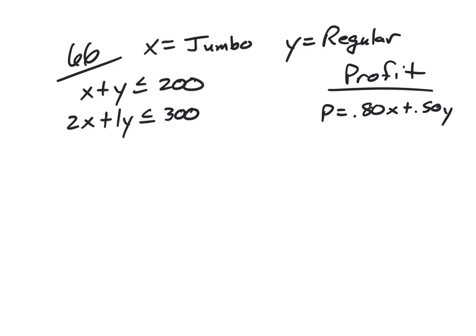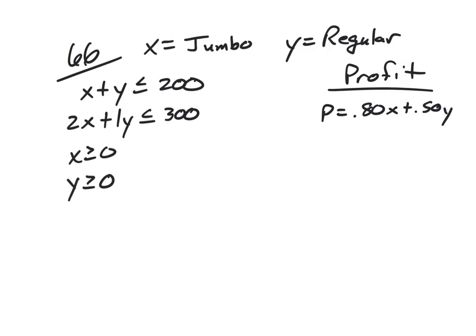Okay, and then the last two inequalities, they don't give us any other restrictions, but we can't make a negative number of biscuits, right? And so probably wouldn't be a bad idea to go ahead and identify these two as part of our group of inequalities as well. The lowest number of jumbo or regular biscuits I can make would be 0.